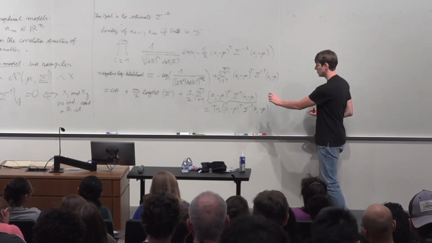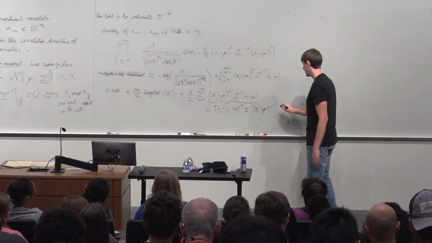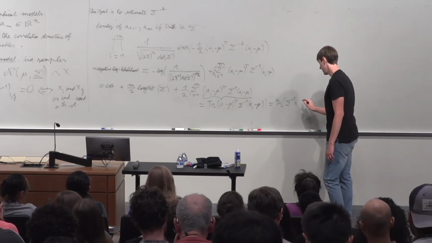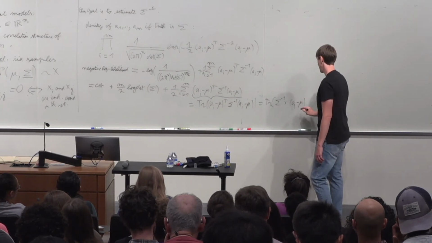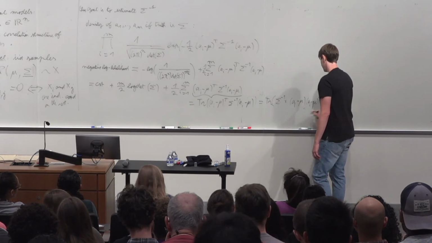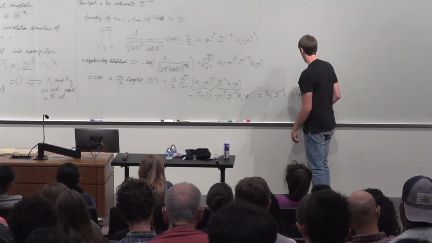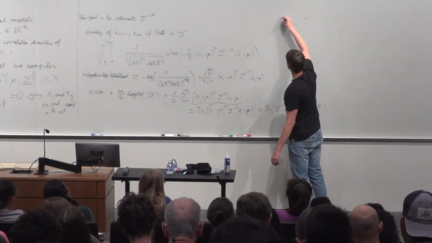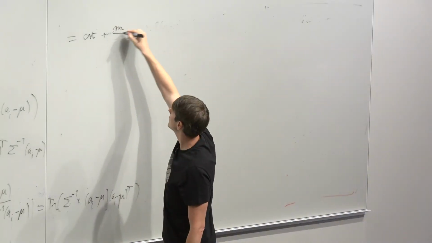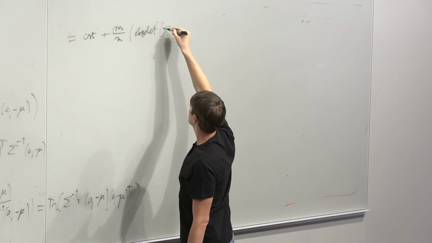which is, you know, the trace has this cyclic property. So I can put the ai minus mu transpose on the other side. So this is equal to the trace of sigma inverse times the matrix ai minus mu times ai minus mu transpose. So all of this is equal to a constant plus, let me put m over 2 in front, log det of sigma.